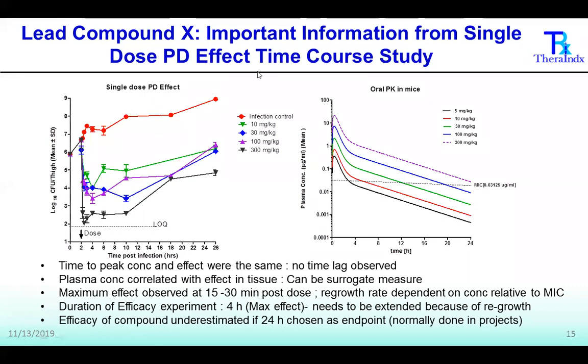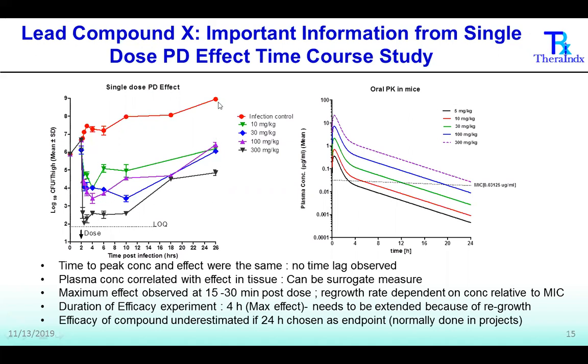Now, in anti-infective projects in general, 24 hours is chosen as an endpoint. If you compare the effect at 24 hours and at 2 hours, you would miss out if you did not sample the points between 2 and 24 hours. You would miss out on the peak effect of the compound.